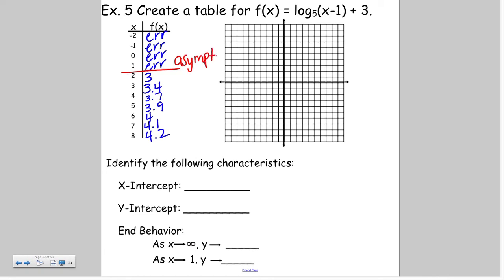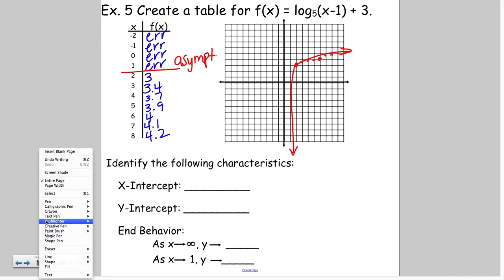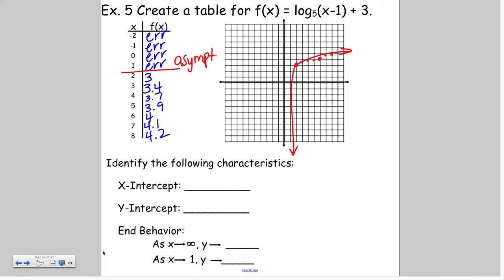So I'm going to go to 2. I'm just going to fill in between. Now it's going to go down here. So my asymptote is at 1. So that's here. That's where my last error was.